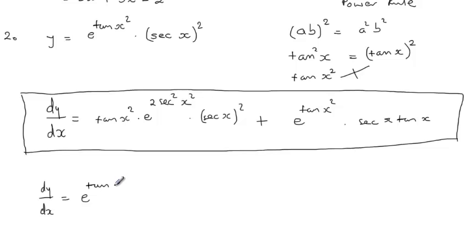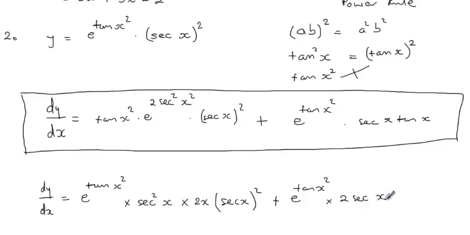e to the power tan x squared, times sec squared x squared, times 2x, then times in brackets the sec x, all squared, plus e to the tan x squared, times 2 sec x, times in brackets, do you want to say here 2 minus 1?